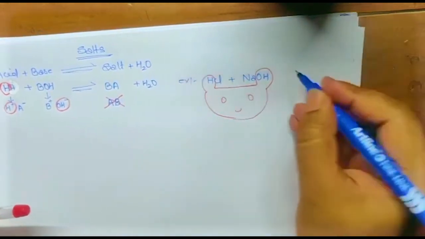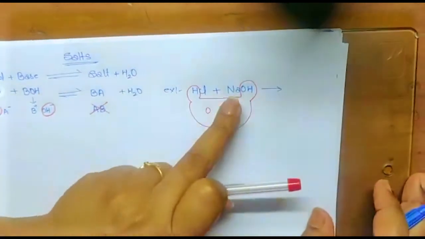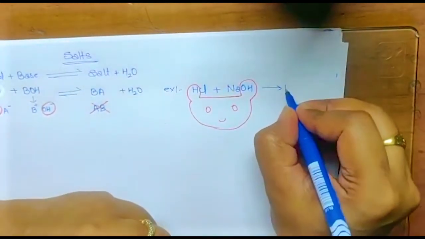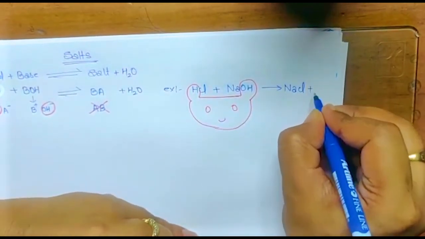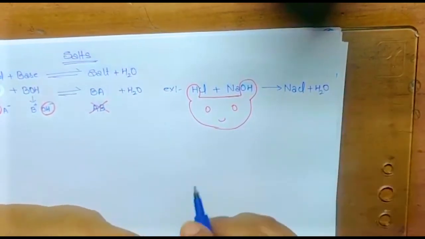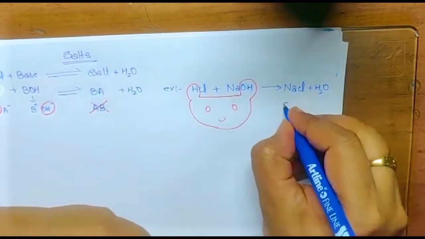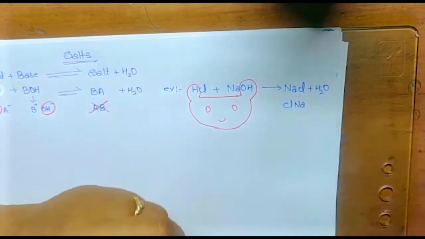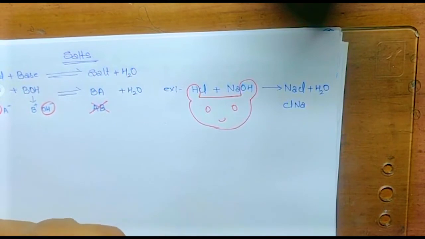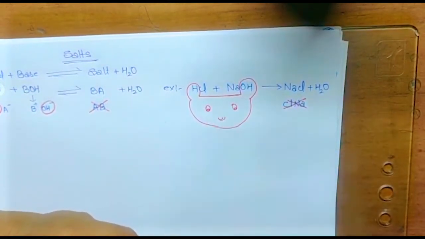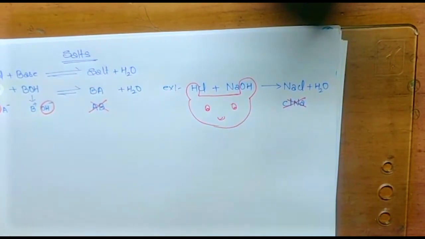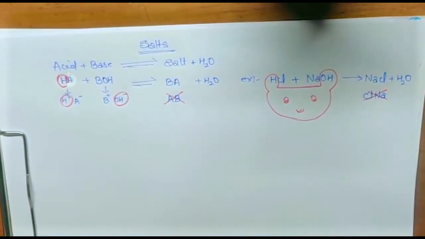And what is left? The B part is Na, and here this is Cl, plus H2O. Can you write it as Cl and Na? If you write Cl first, it will be wrong. Clear?